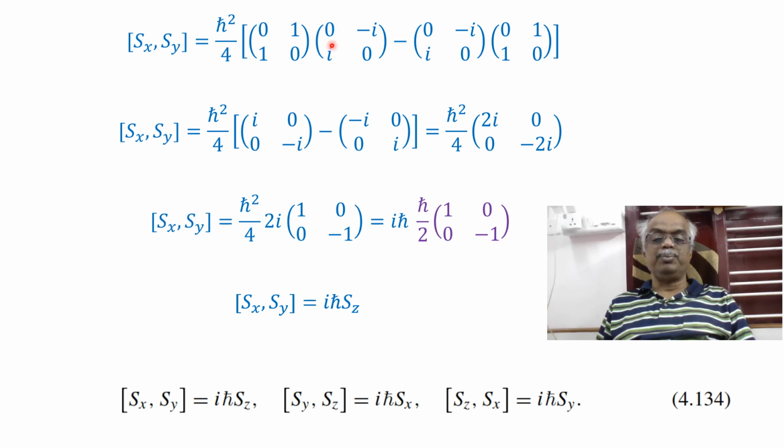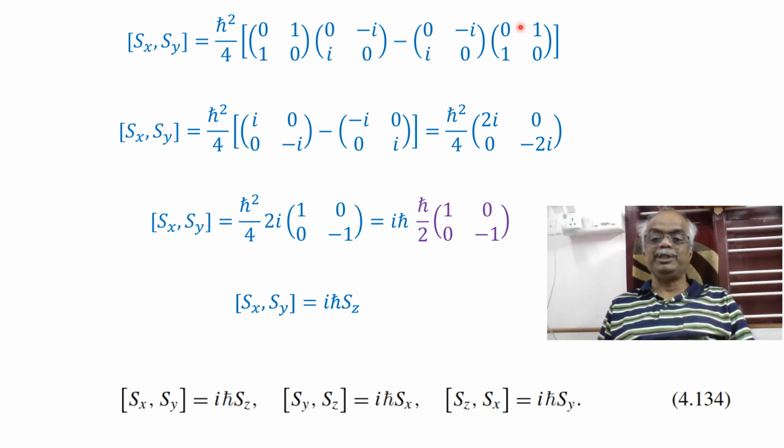First row, first column, you will get i. First row, second column, you will get 0. Similarly, second row, first column, 0. And second row, second column: the second row is 1, 0, the second column is −i, 0, so you will get −i.